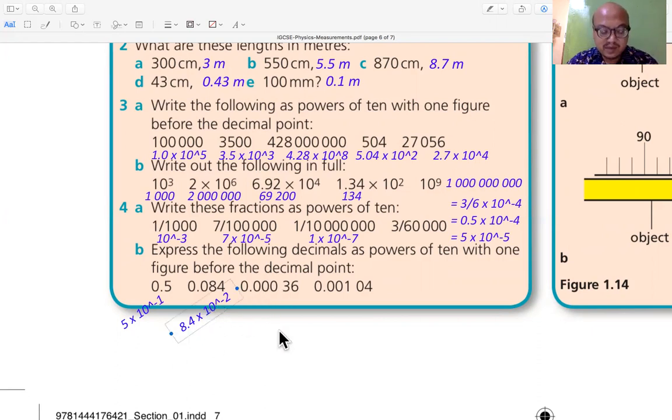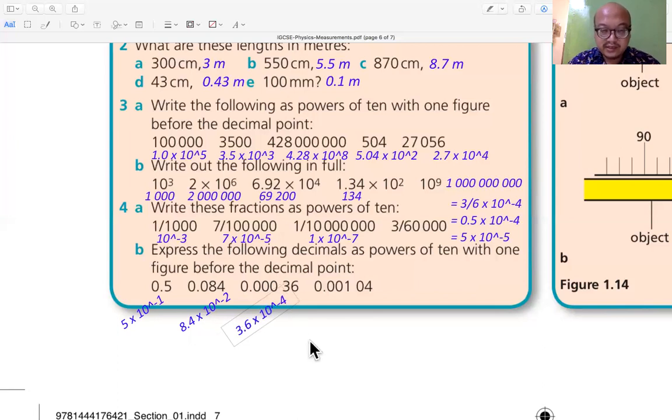Okay, what about this one? I copy first. This is 3.6 times 10 power, 1, 2, 3, 4, so minus 4.